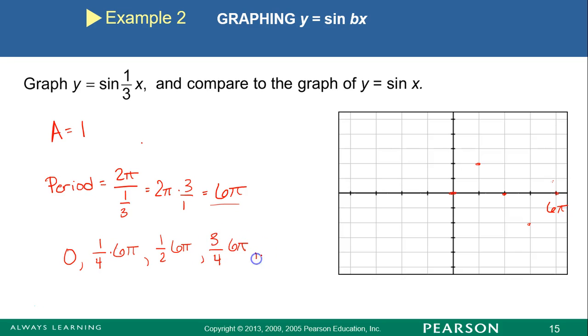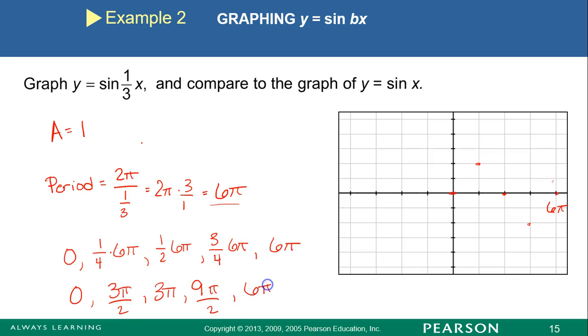And then your one full period is 1 times 6 pi. Simplify all of these to get 0, 3 pi/2, 3 pi, 9 pi/2, and then 6 pi.